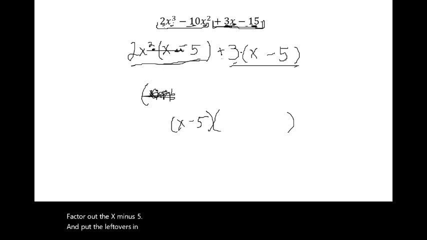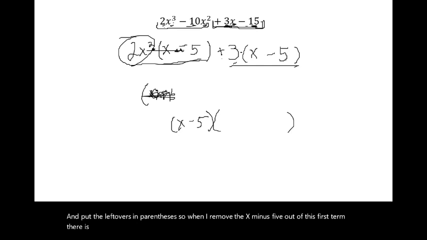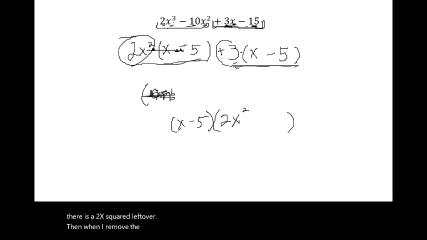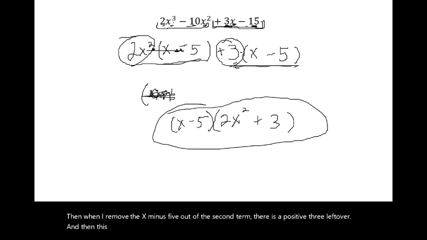So when I remove the x minus 5 out of this first term, there is a 2x squared left over. Then when I remove the x minus 5 out of the second term, there is a positive 3 left over. And then this is going to be your final answer. 2x squared plus 3 is not factorable, so that is actually going to be your final answer.